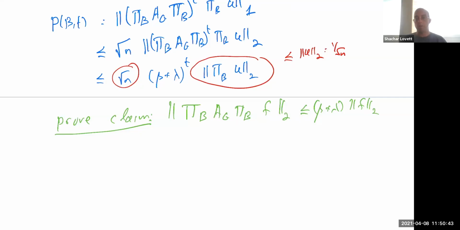Well, we know that it contracts only vectors orthogonal to 1. But f could be anything, and pi b f could be anything. So it makes sense to decompose it. That's going to be a new trick. We're going to see taking vectors and decomposing them into some parts that are orthogonal to 1, and some parts which is going to be the rest. There will be some multiple of the constant vector.